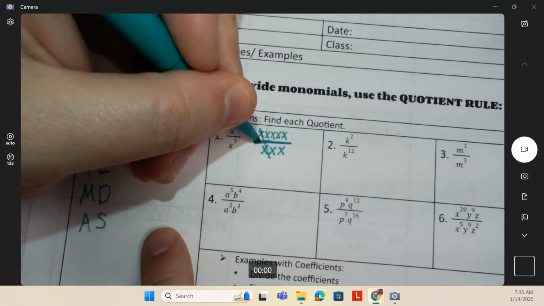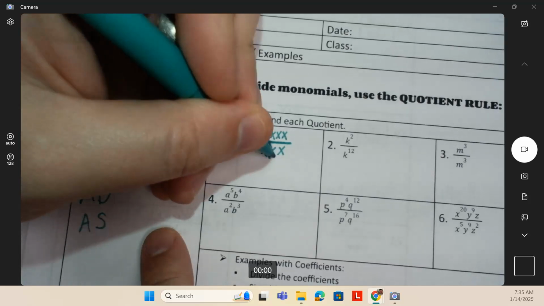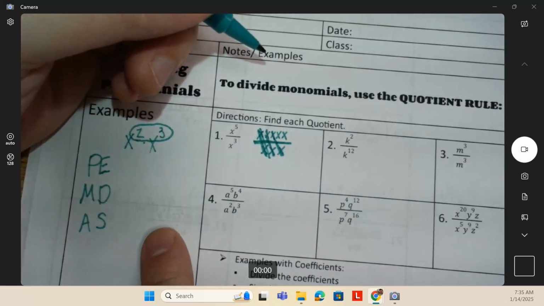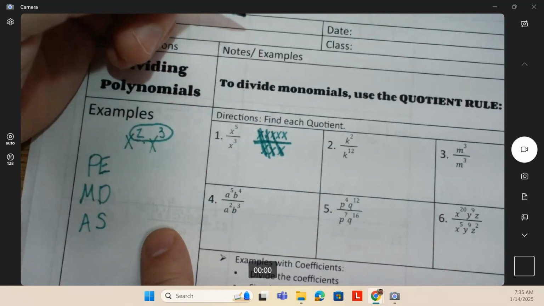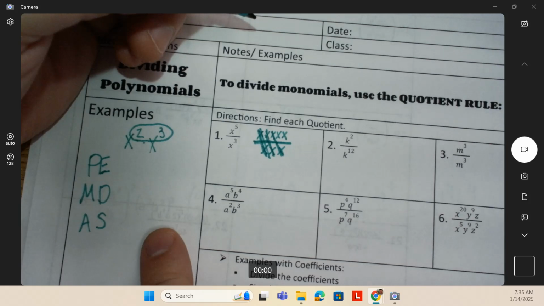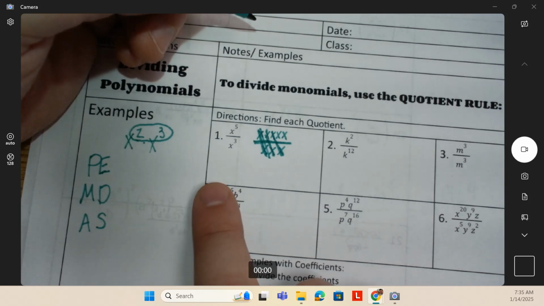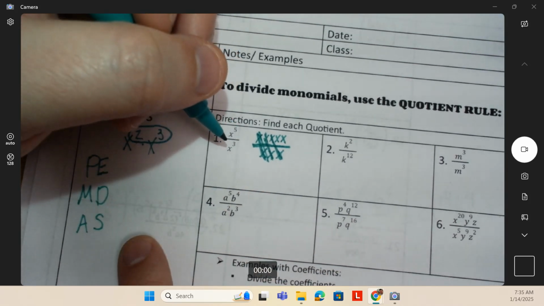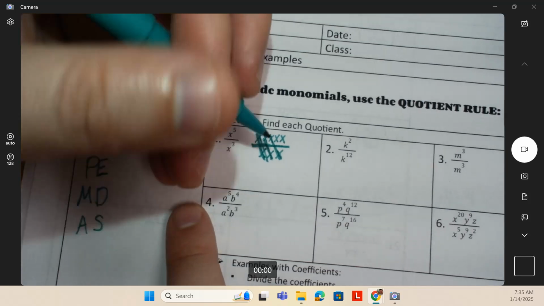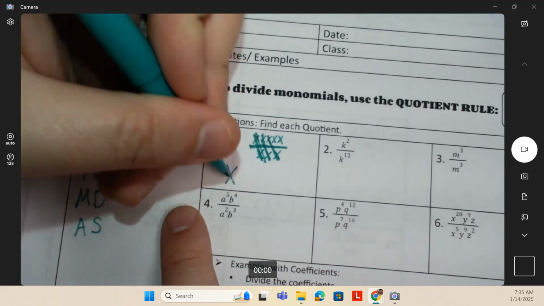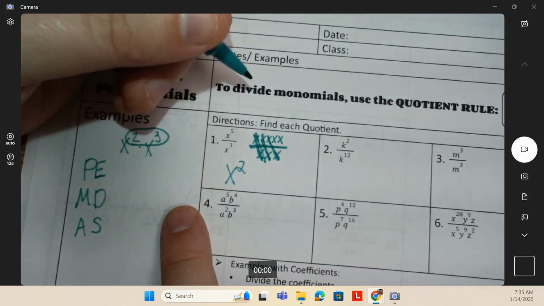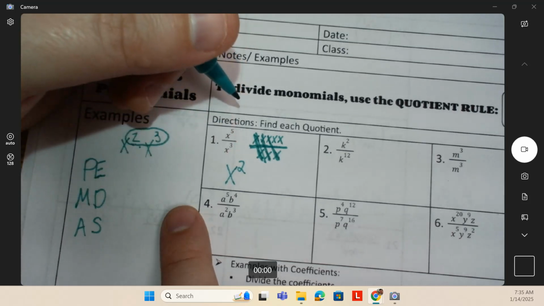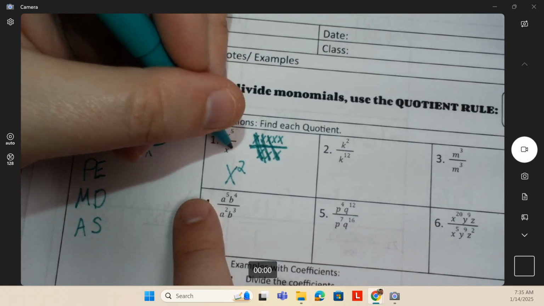So those cancel, and those cancel, and it just leaves me with 2 on the top. That ends up as x squared on the top and just a 1 on the bottom, because that's x to the 0 power. But I can just write that as a regular x squared. If you notice, really what's happening here is I'm just doing 5 minus 3.